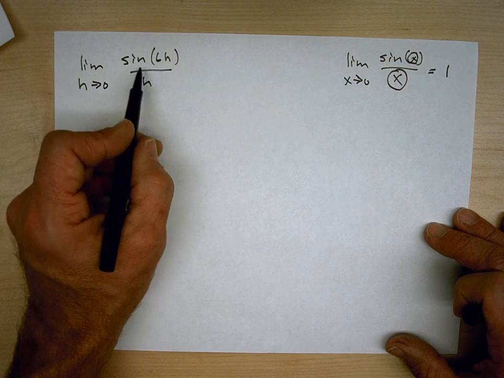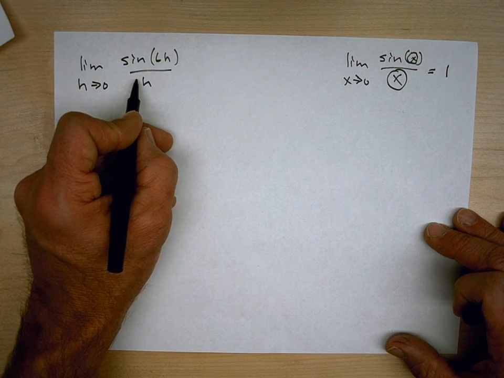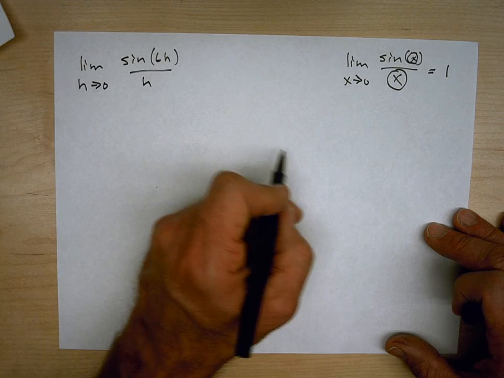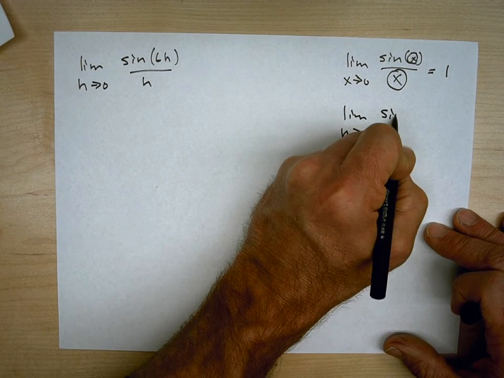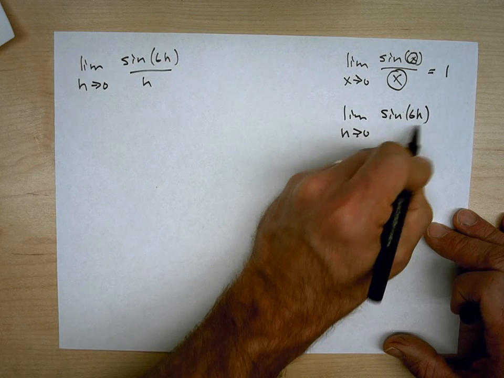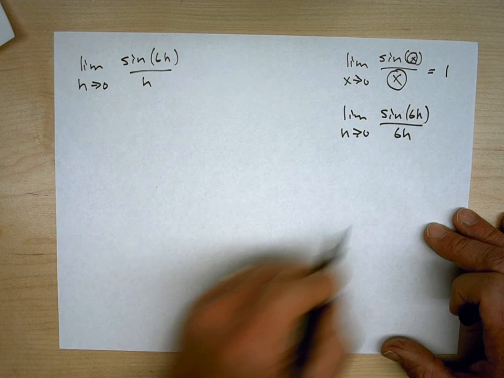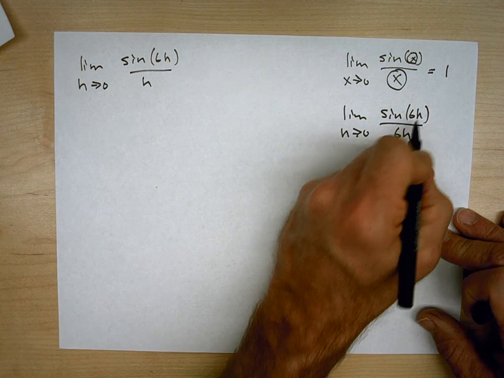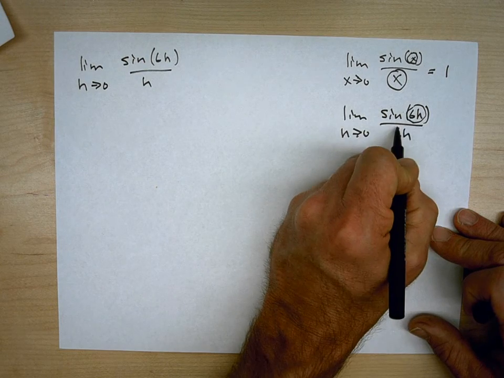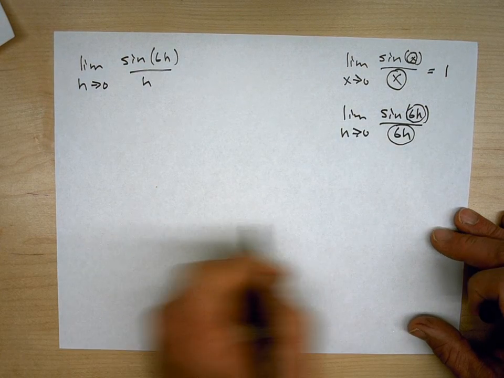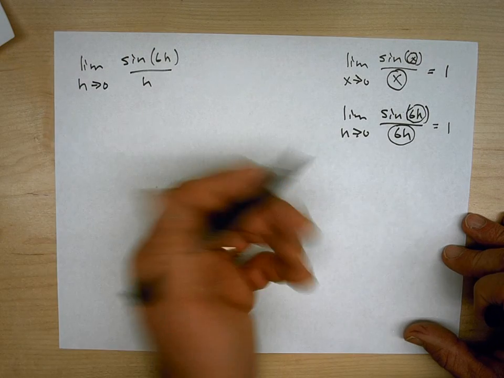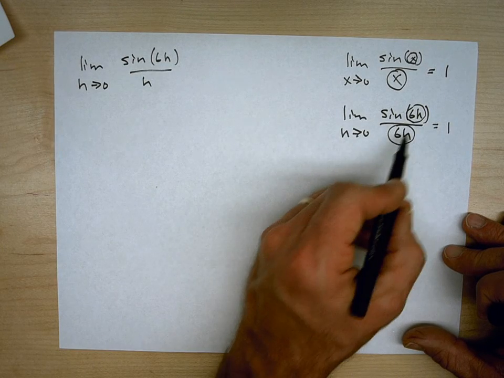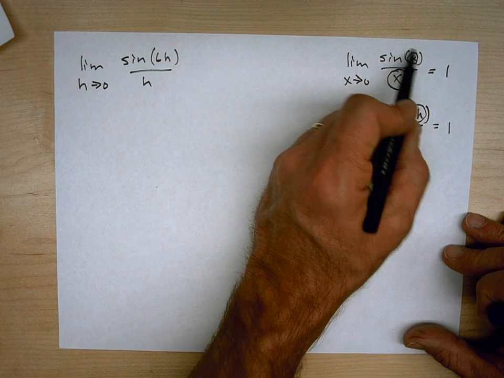Well, if I can somehow get a 6 down here, in other words, if I took the limit as h goes to 0 of sine of 6h over 6h, the fact that there's a 6 there, again, this is the same as this. So that would equal 1. I mean, technically we can make a substitution, but I just think that seeing that those are the same, this will always equal 1.